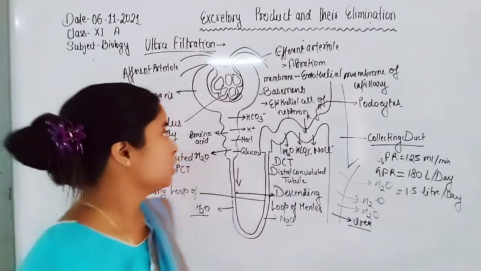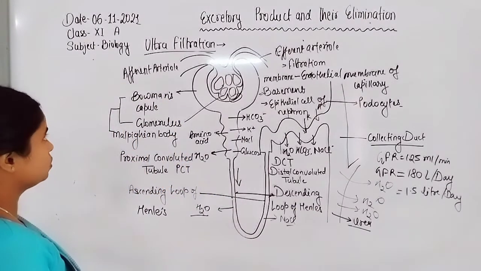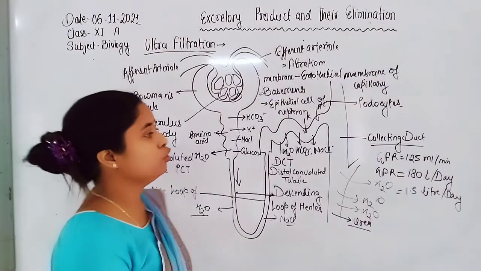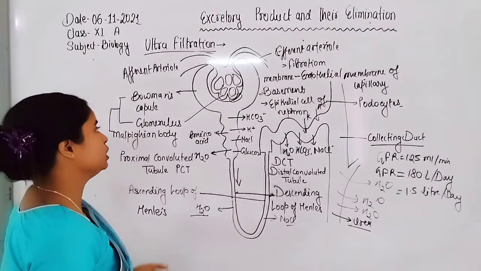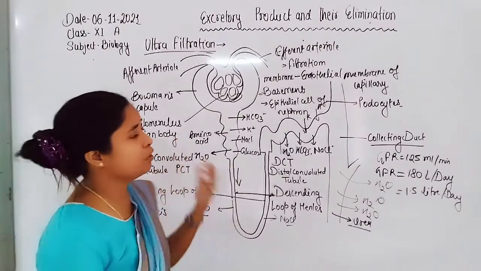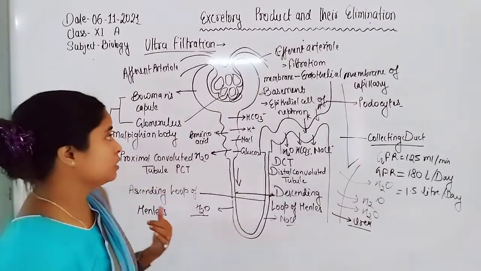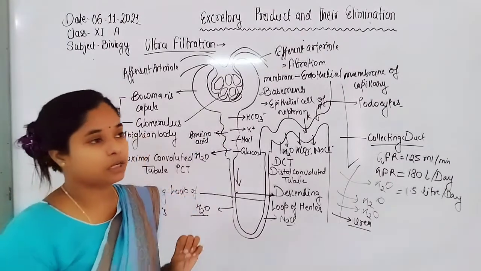Now students, in the ultrafiltration, what is the role of the Bowman capsule and the glomerulus, or Malpighian body? The Malpighian body forms a specialized structure with the help of podocyte cells, which function as a sieve.